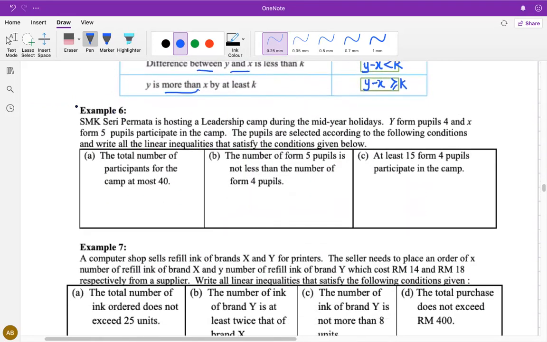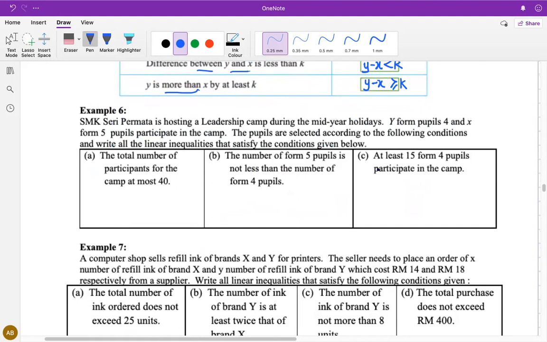The situation: SMK Suri Permata is hosting a leadership camp during the mid-year holiday. Y from 4 pupils and X from 5 pupils participate in the camp. The pupils are selected according to the following conditions. Write all the linear inequalities that satisfy the conditions given below.